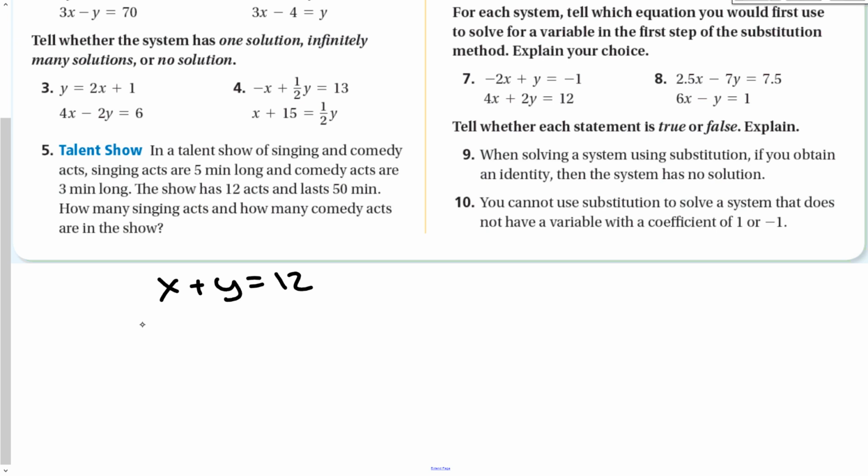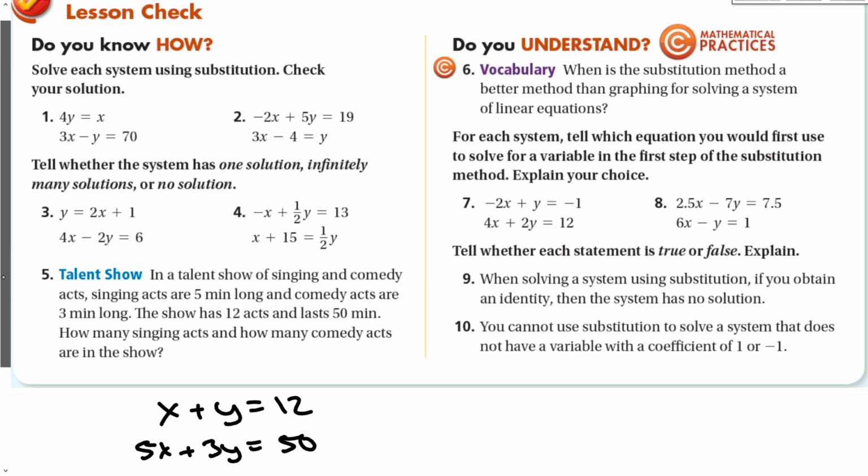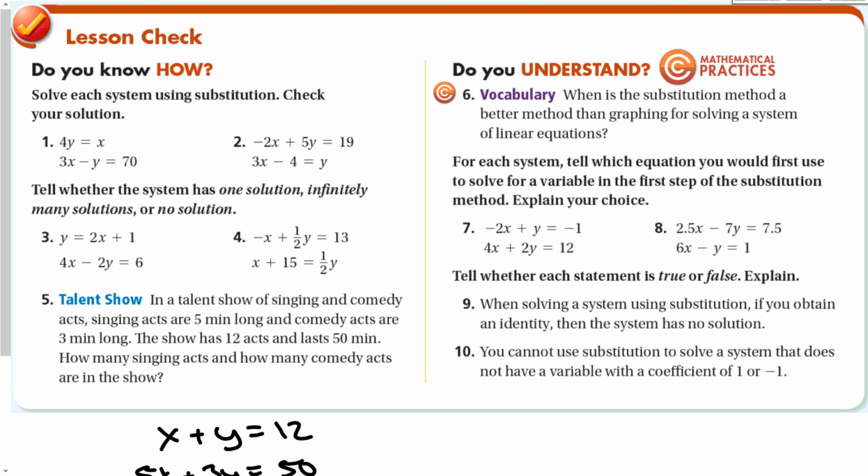Singing, 5 times x, plus comedy, 3 times y, is going to be 50 minutes. Okay? And I can solve this just like we were solving any of the other ones. Isolate x or y, doesn't matter. Or, yeah, they asked for both, so we're going to have to solve them both. And solve, and you will get 7 singing and 5 comedy.